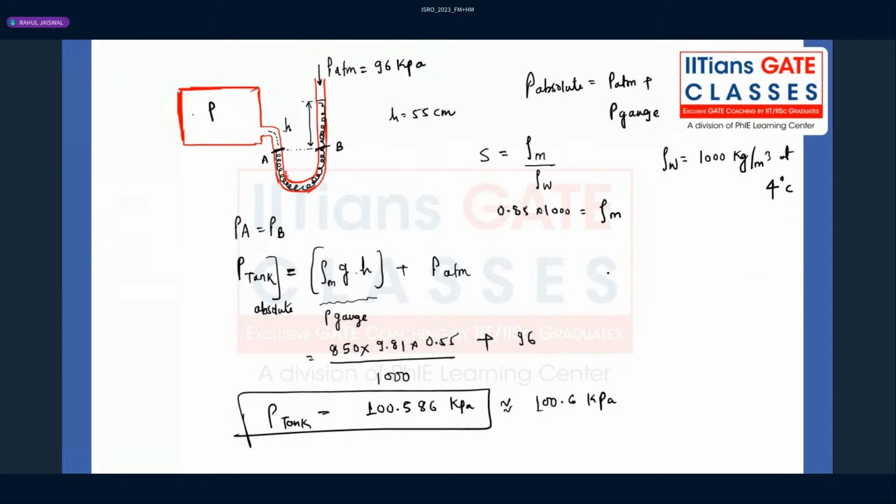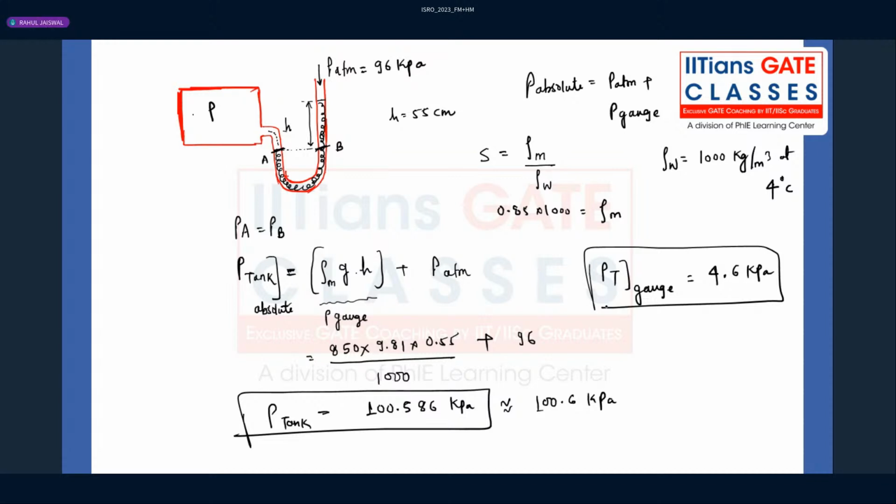If they had asked for the gauge pressure in the tank only, then the answer would have been 100.6 minus this 96, approximately 4.6 kilopascal. If they had asked for the gauge pressure in the tank, the answer must be 4.6. But right now they are asking for the tank pressure, that too absolute. Then what is the absolute pressure? Absolute pressure will be this one.